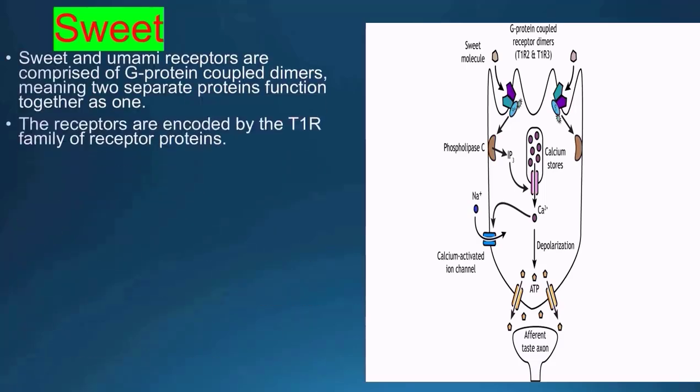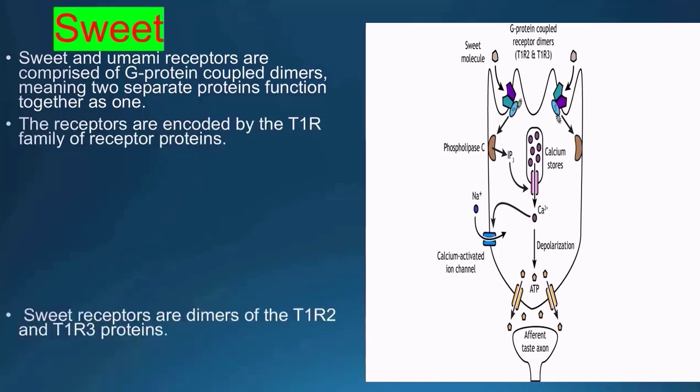Sweet and umami receptors comprise a G protein coupled dimer, meaning two separate proteins functioning together as one. There are two proteins for sweet taste and they act together as one protein. The receptors are encoded by the T1R family of receptor proteins.